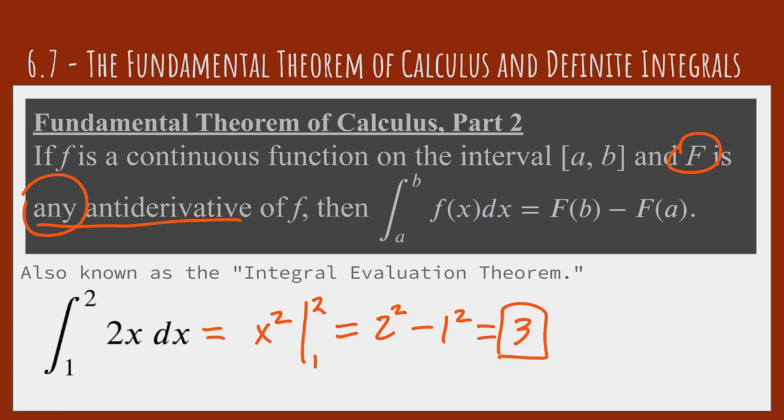This is a little bit more succinct than saying the antiderivative is x squared off to the side, and then evaluating that at the two values. So again, this rewritten version of the fundamental theorem of calculus allows us to evaluate definite integrals using the idea or process of anti-differentiation.